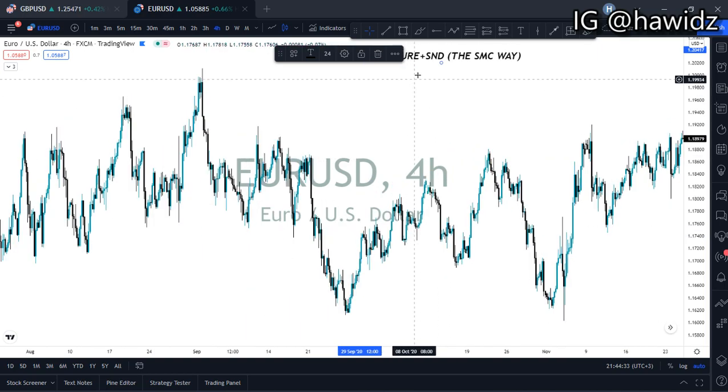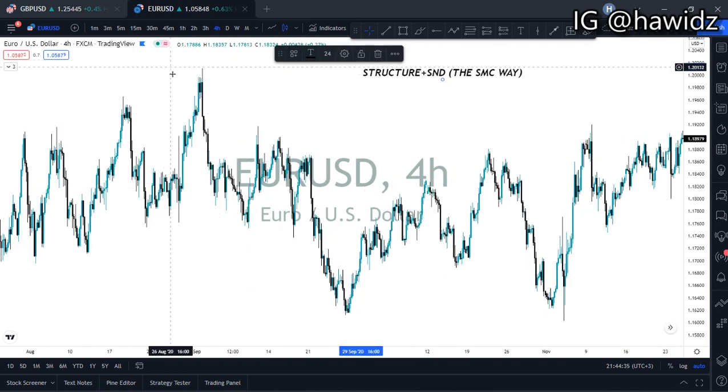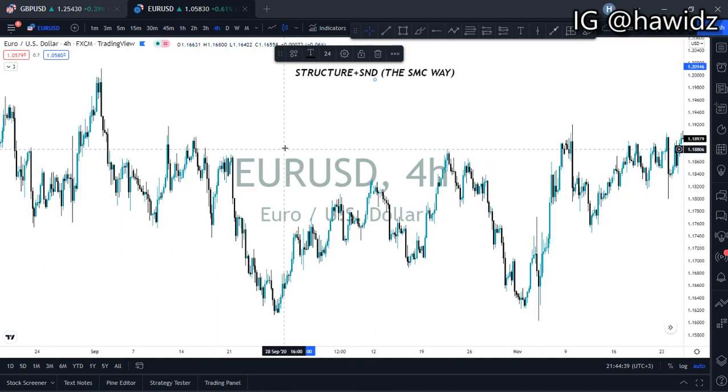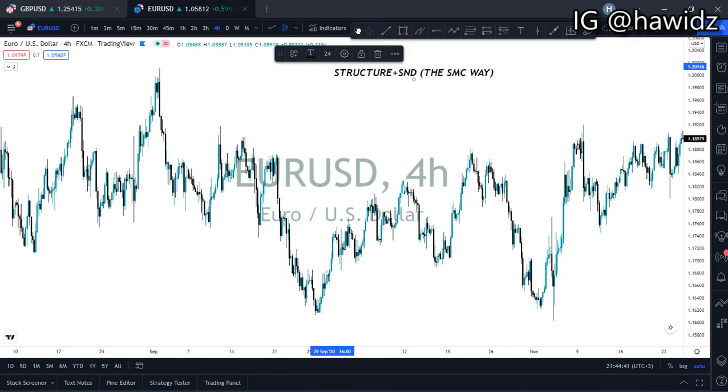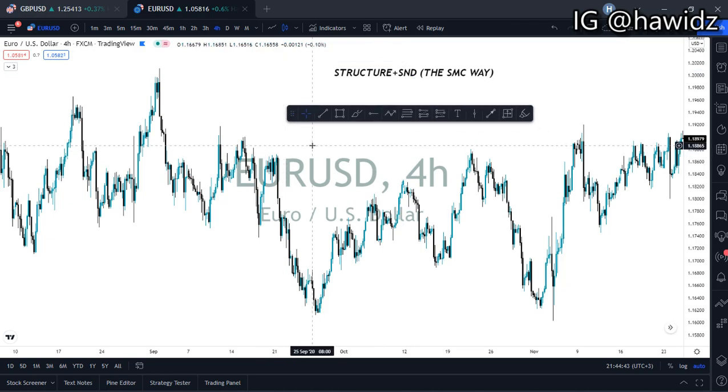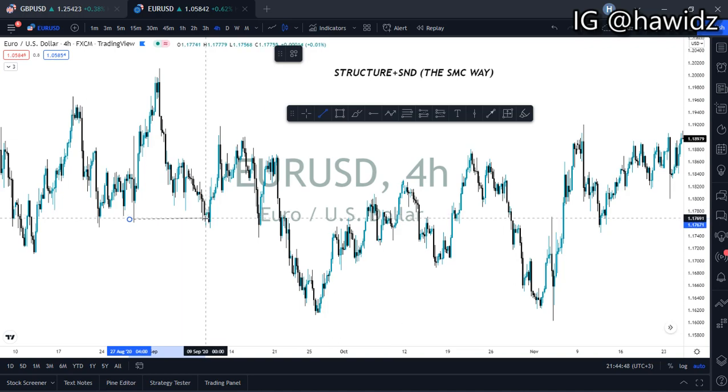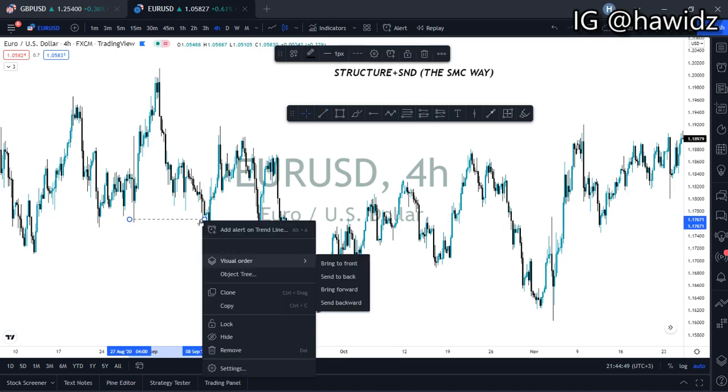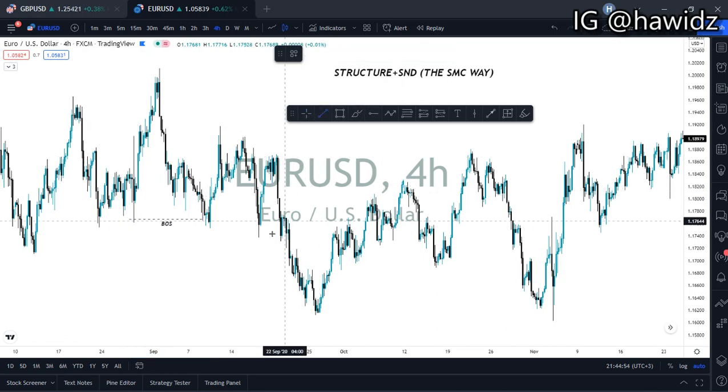Okay, so we had this short-term downtrend, where we had these breaks of structure to the downside, where price just continued creating lower lows and lower highs, as you can see in these areas right here.